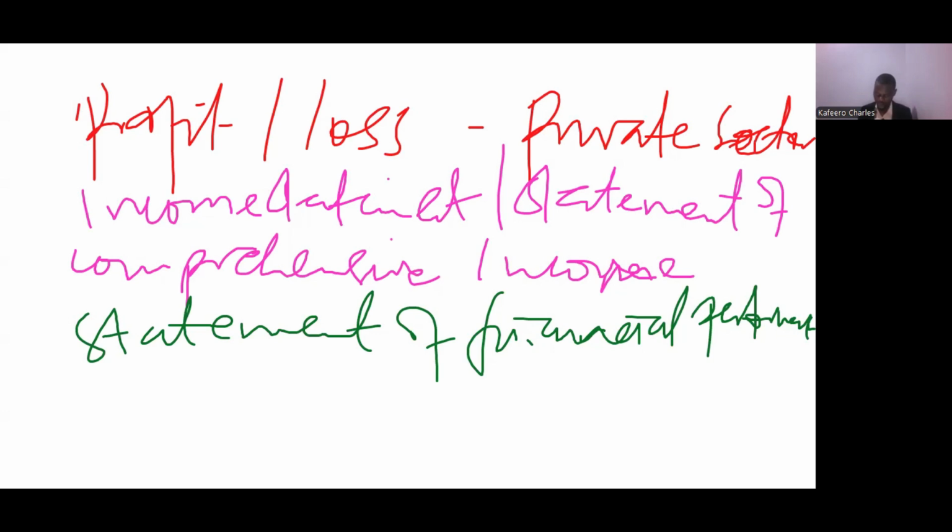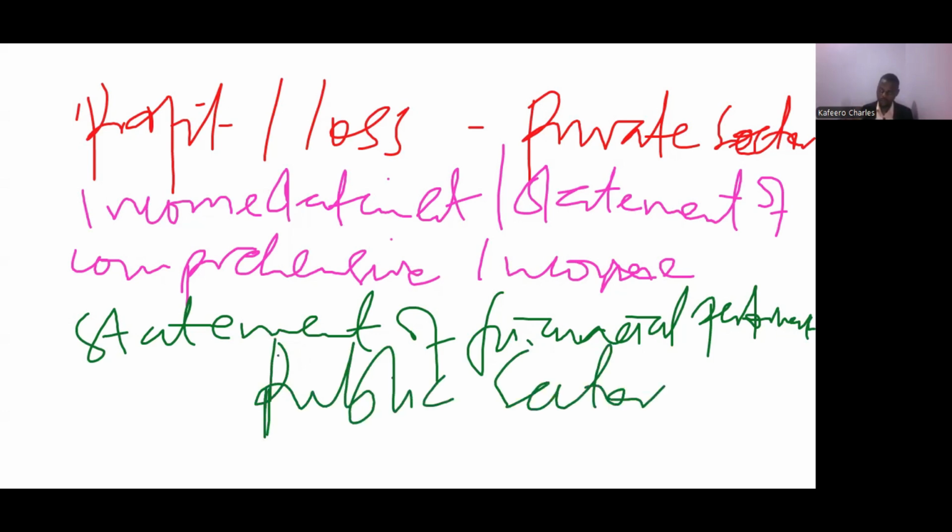So you see the difference. This side, this one is now in the public sector. Reason is because in the private sector, you are going to be looking at either a profit or a loss. And here in the public sector, for us, we are only looking at a surplus or a deficit.